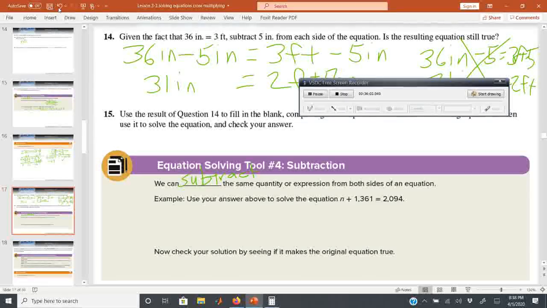What we do is subtract 1,361 from both sides. And we draw a line underneath it to show that we are subtracting vertically.